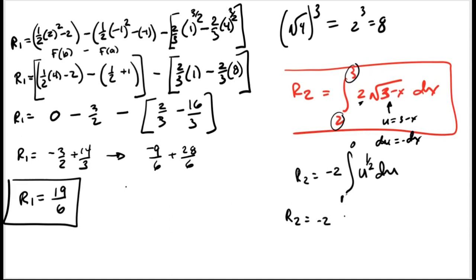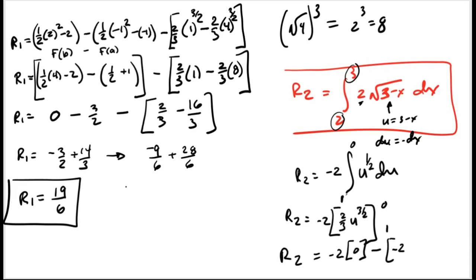R2 is -2 times, the antiderivative is 2/3 u to the 3/2, 0 to 1. R2 is -2 times 0 minus -2 times 2/3 times 1 to the 3/2.